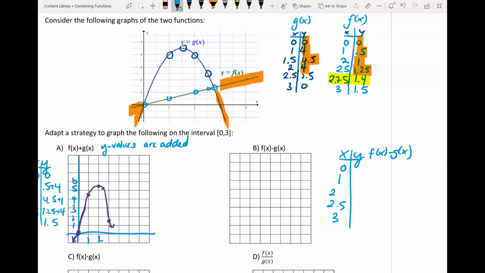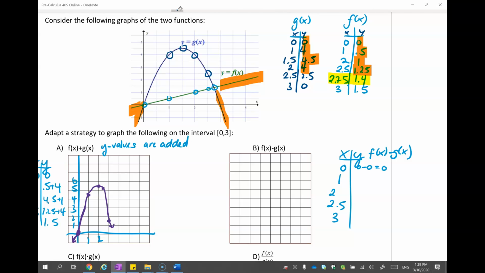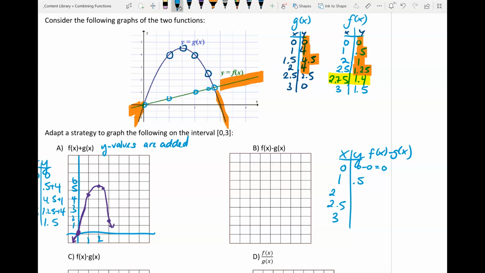Okay, so for 0, we're going to have 0 minus 0, which is just 0. The f of x value at x equals 1 is 0.5 minus 4, so that's negative 3.5. Then we have 1 minus 4, which is negative 3.